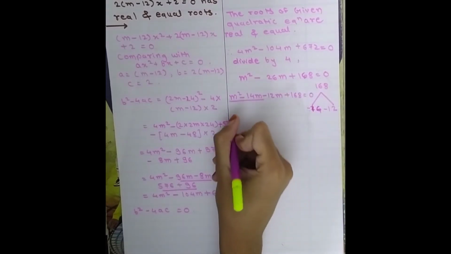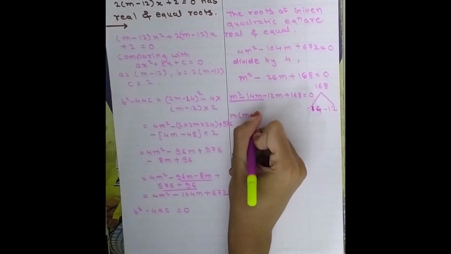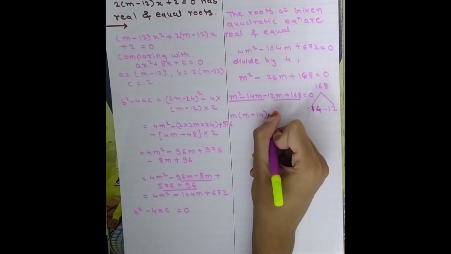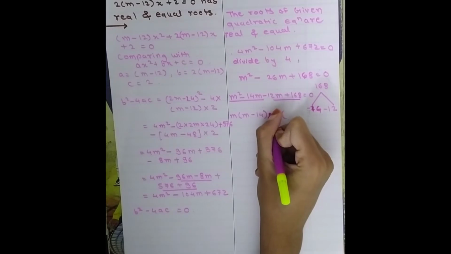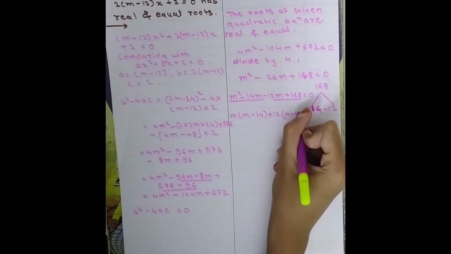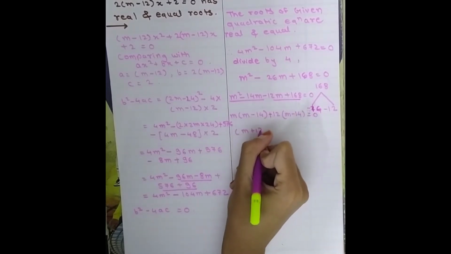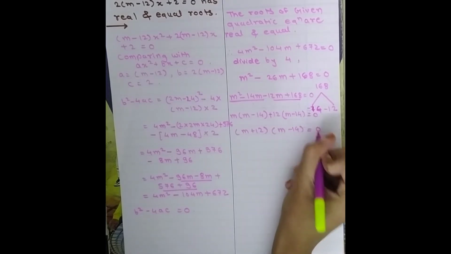From these two, m is common, and in the bracket m minus 14, and from these two, 12 is common, and in another bracket m minus 14 is equal to 0. So in brackets m minus 12 and m minus 14 is equal to 0.